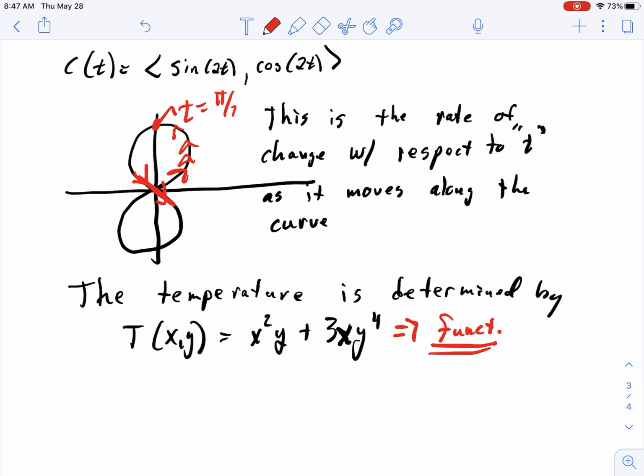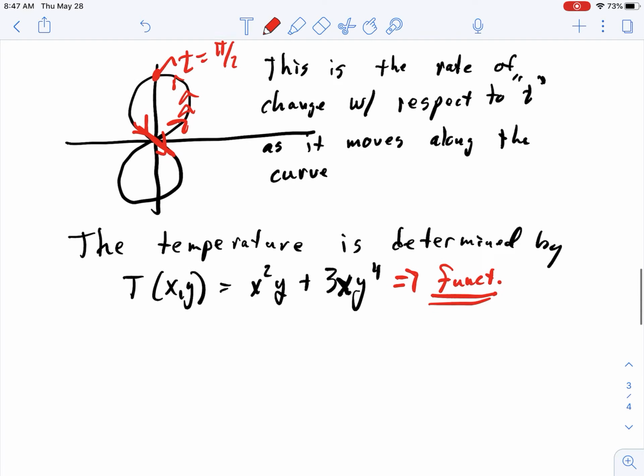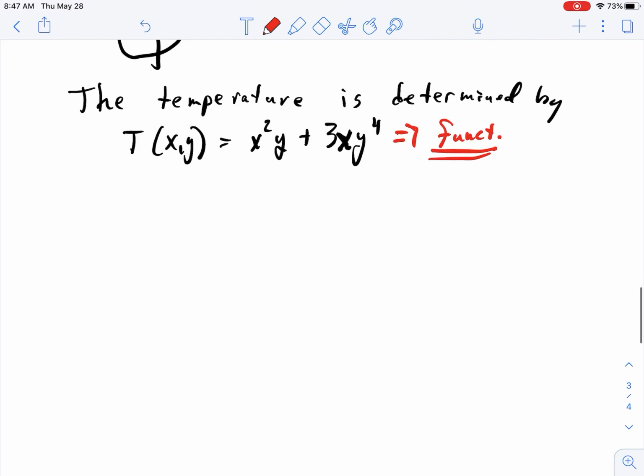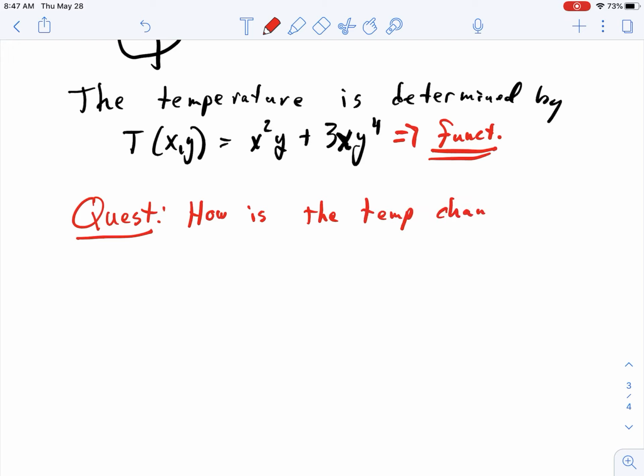So I'm looking for a rate, and let's do it at t equals pi over 2. Okay, so here's my question: how is the temperature changing at t equals pi over 2?